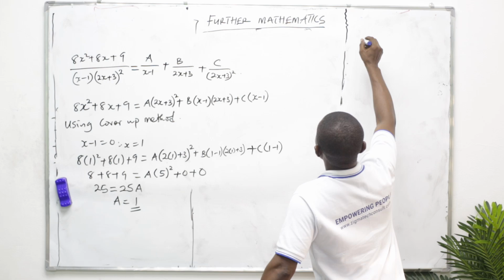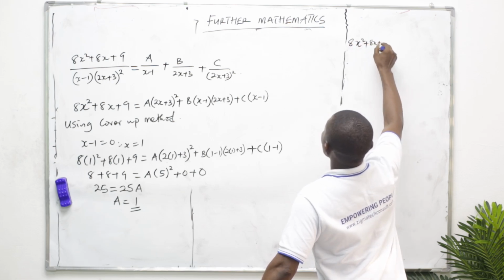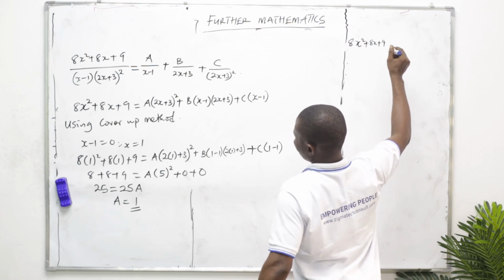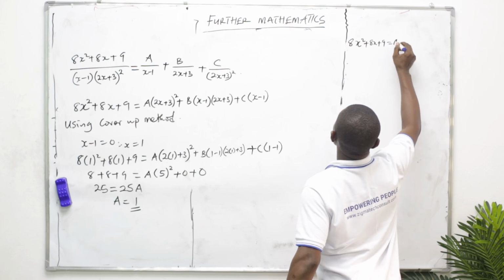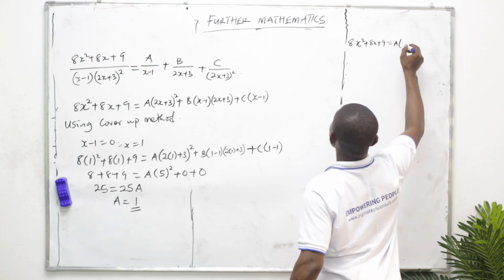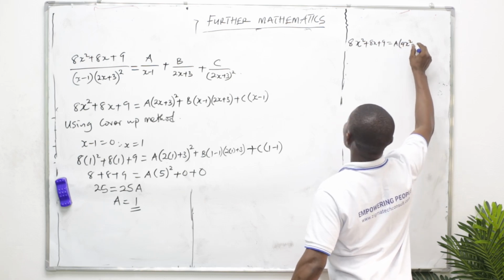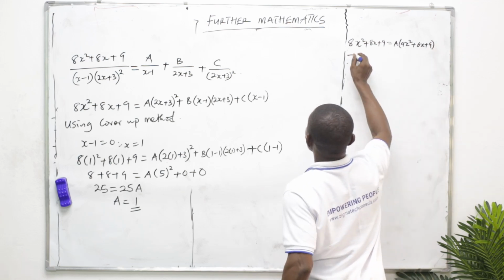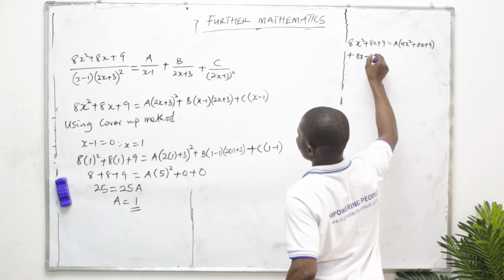come back to this equation, 8s squared plus 8s plus 9 equals a into 4s squared plus 6s plus 9, plus bs minus b.